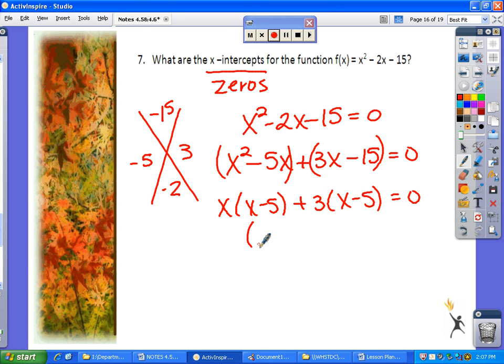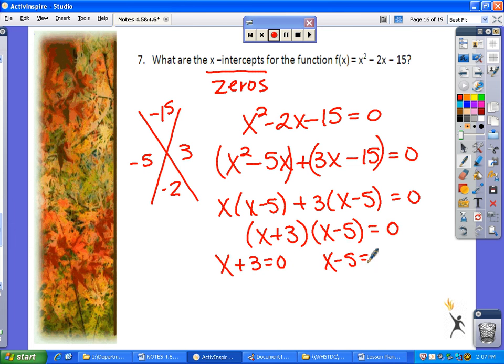So this is going to factor into x plus 3 times x minus 5 equals 0. So for our two solutions we use the zero product property. Give you a moment to catch up. So our two solutions are x equals negative 3 or x equals positive 5.